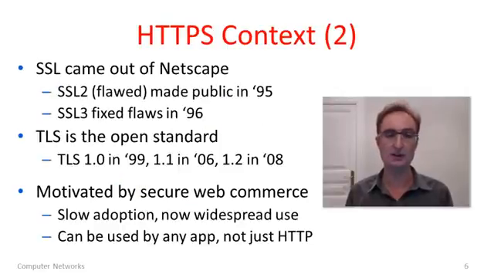A little more context just in terms of the timeline for how all of this evolved. SSL was actually a protocol pioneered by the company Netscape. Starting in the early 90s, I think, SSL first came out publicly as SSL version 2, which had cryptographic flaws in it. And it was fairly soon fixed into SSL 3, which is the more standard version of SSL that you should see around today.